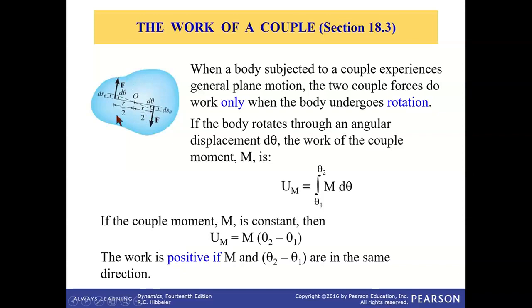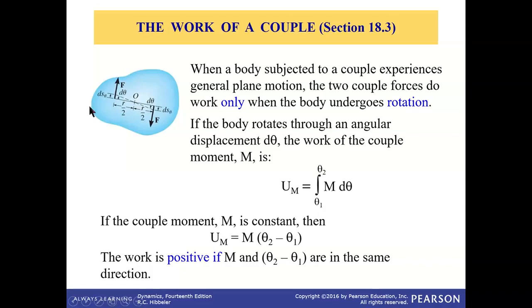So if this rigid body is subjected to couple moment, that means if there are two equal and opposite forces applied at some distance away from the point of rotation, then these forces result in couple moment acting on the body about point O. That means we need to consider the work done by couple moment, and this work done is given by Um, which is the integral of the product of moment and angular displacement from angle theta 1 to theta 2.